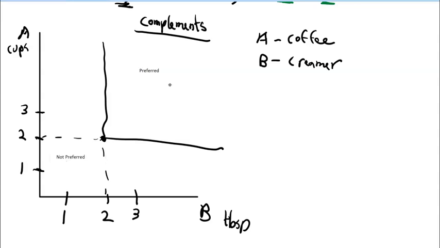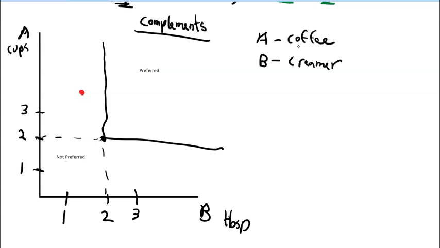Now what about points on the other two sides, like here and here? In those cases, let's take a point here. This has less coffee, this has more coffee, but not enough creamer.